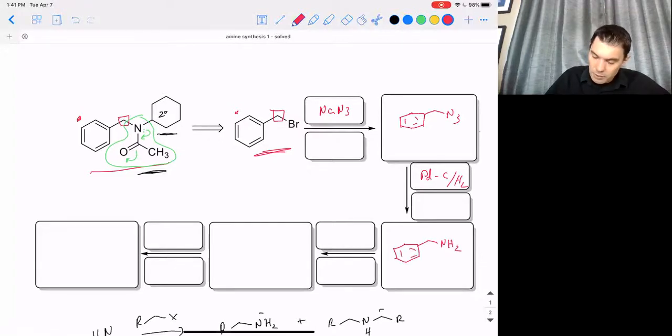Then I'm going to use cyclohexanone as a reagent, and sodium triacetoxyborohydride as the reducing agent for the reductive amination reaction.